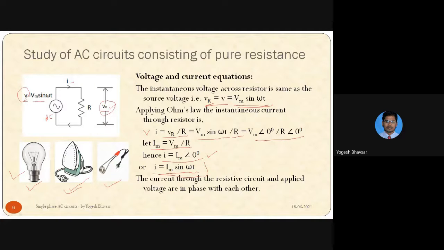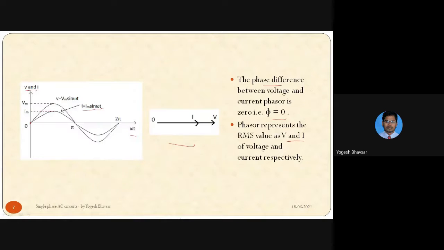This we can draw with these voltage and current equations. I am not drawing by my own thinking. It is from the voltage and current equations. Both have the same axis. There is no value of phi. Then both are starting from 0. And the same phasor diagram we can have. Current and voltage are in phase.